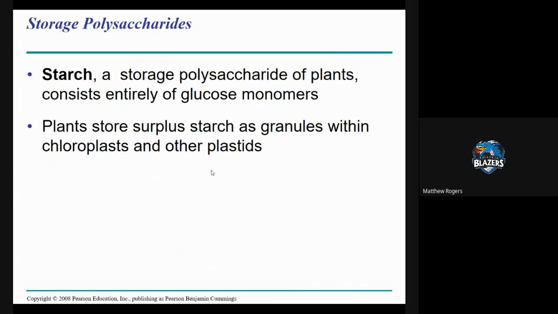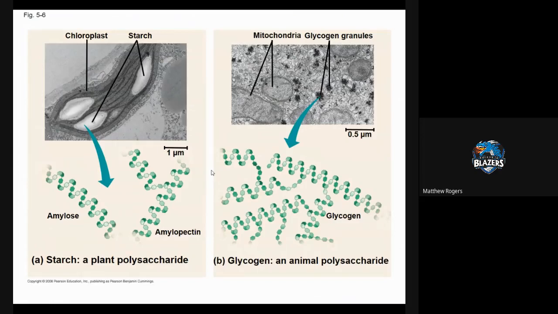And what's interesting is we have a starch inside of our body that we do make, and we have a different name for it. And so starch is a plant polysaccharide. Ours is called glycogen. So we store glucose as glycogen in our muscles and in our liver and a couple of different places. And we store it, waiting for us to break it back down into glucose to do cellular respiration.